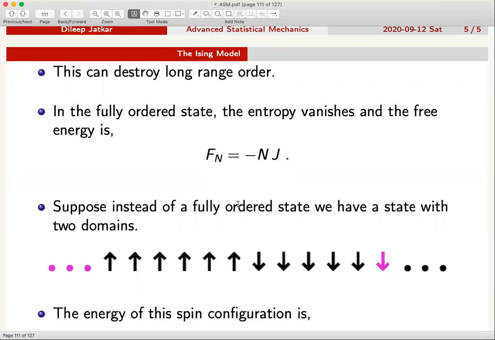Notice that the energy of this semi-infinite configuration is the same as the energy we would have computed had we not known about the remaining half of the system. So just look at the left half of the system. From this pointer to the left, that is pretty much a fully ordered system, so we would just write down whatever the energy is.